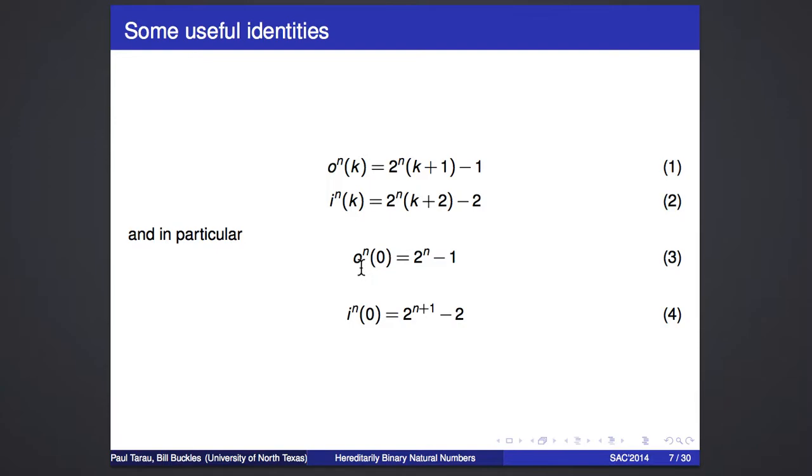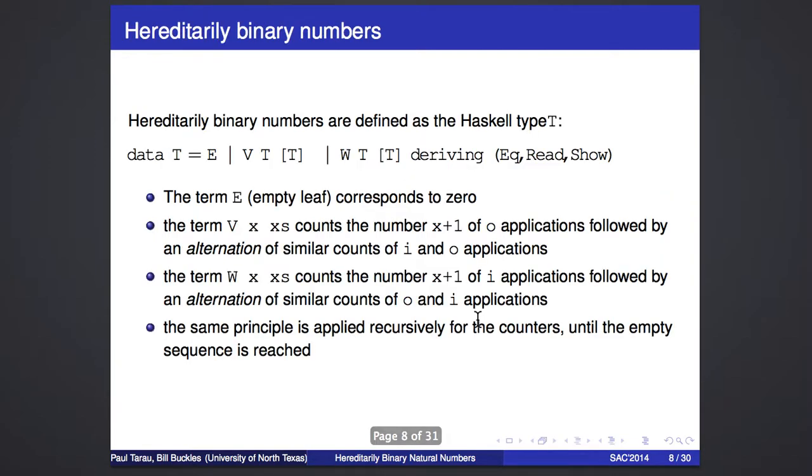And in particular, we have application of the iterated function O^n to 0 giving 2^n minus 1, and application of I^n giving 2^(n+1) minus 2. We'll use them when we engineer our arithmetic operations. So the representation now, hereditarily binary numbers.